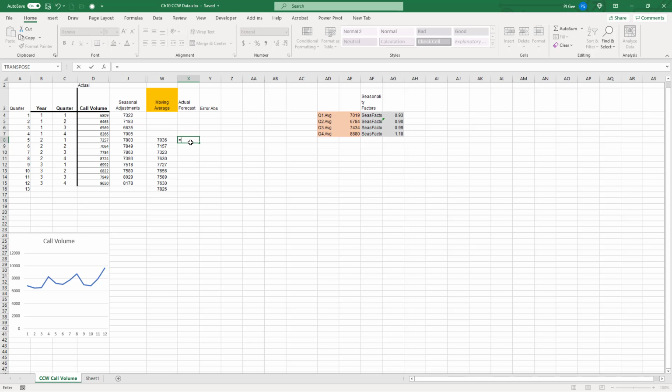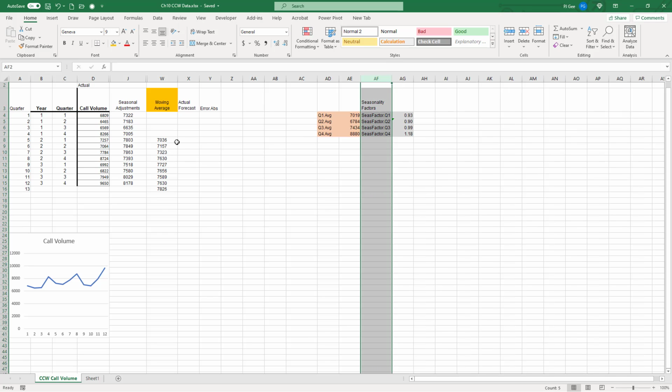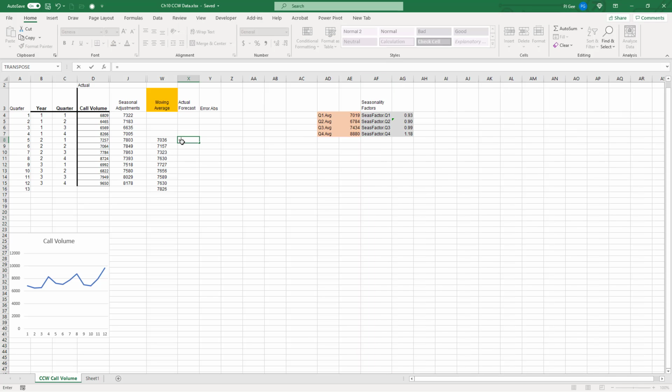The first place that we can do it is going to be equal to actual minus forecast. Nope, I'm sorry, I got too far out there. Actual forecast. This has to be compensated with the seasonality factor here. So we're on Q1. Okay, so we're going to say that it's going to be equal to that times seasonality factor.